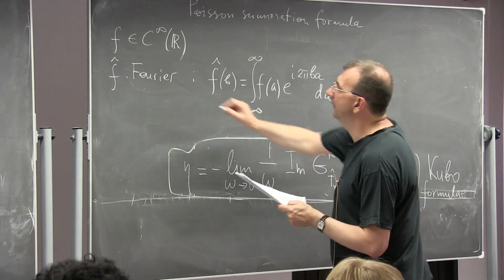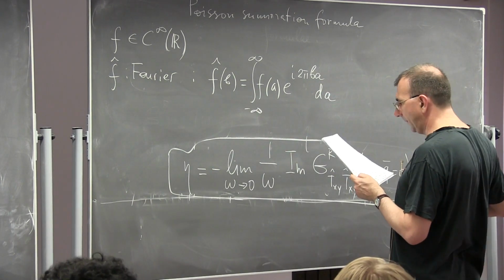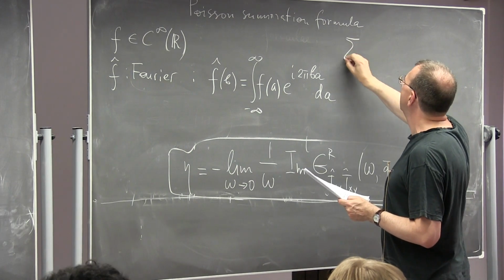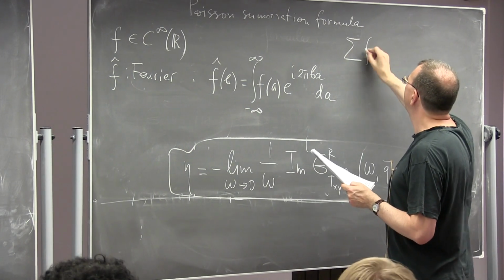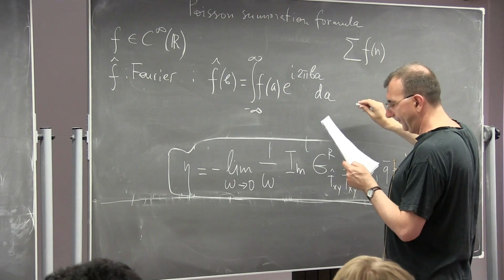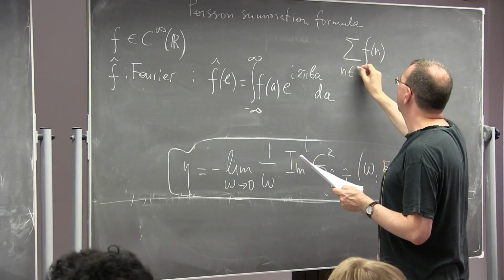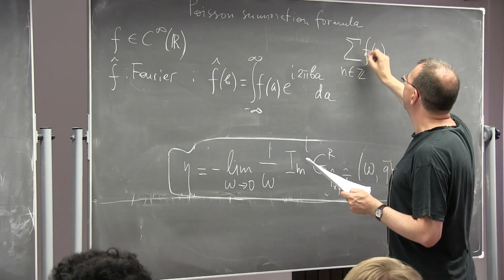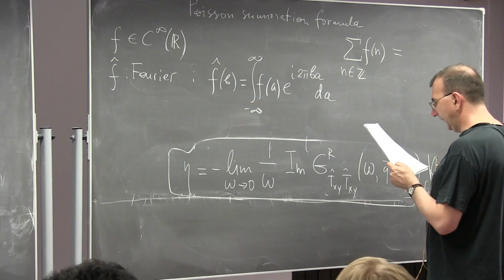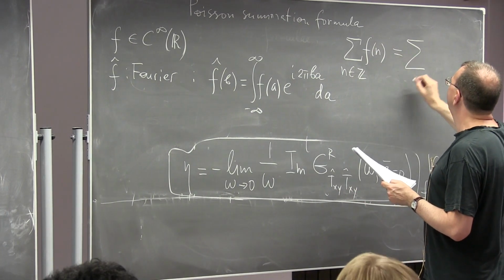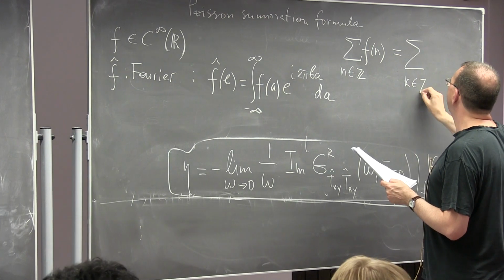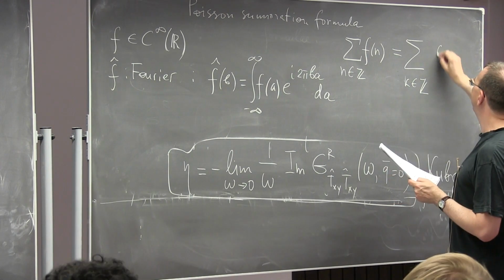So if this is the Fourier transform, then the following formula is valid. If you sum the function f at integer points n, where n belongs to Z, then this is exactly the same as the sum over k, which also belongs to Z, of the Fourier image of this function.